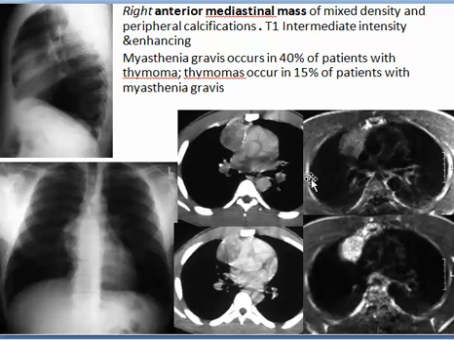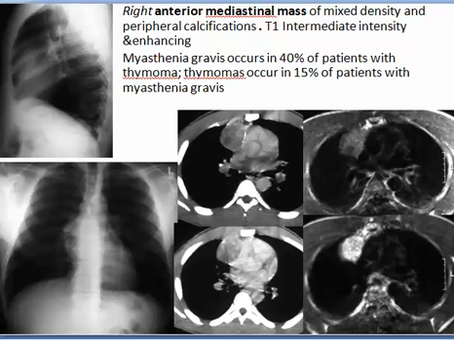On CT it is a mass with some enhancement, showing calcifications, and on MRI it is definitely vascular and edematous.